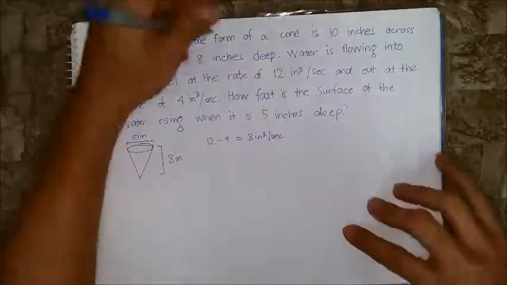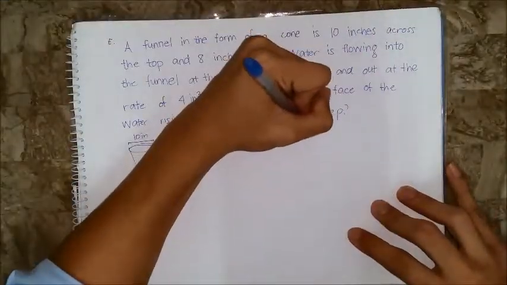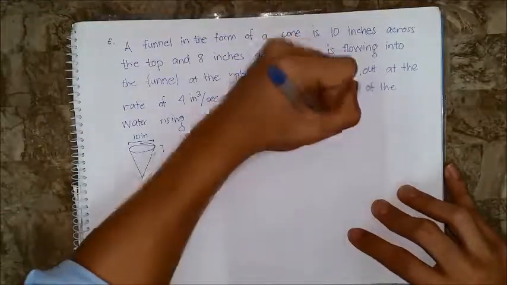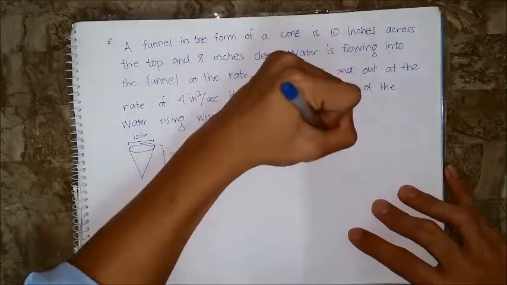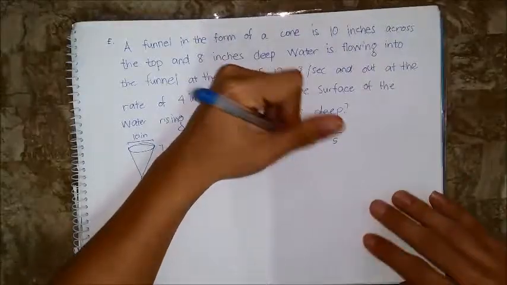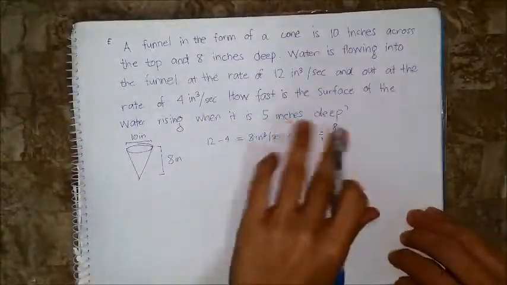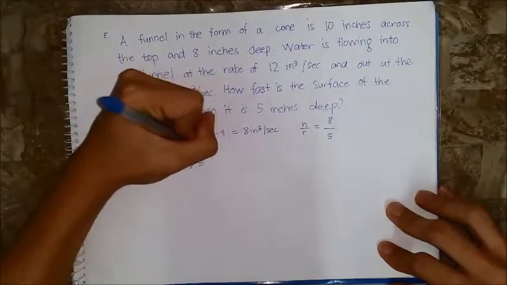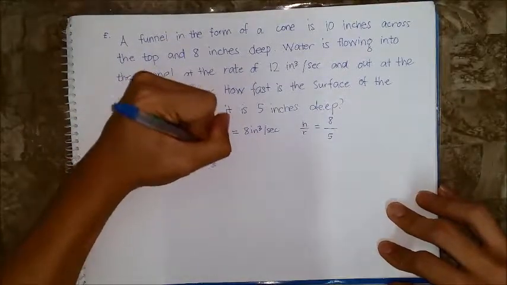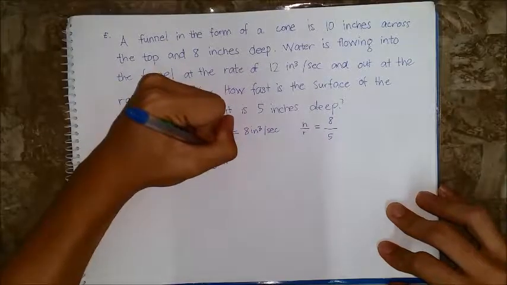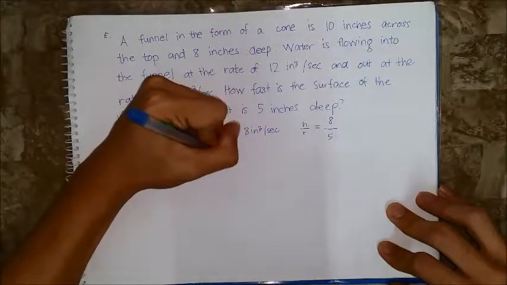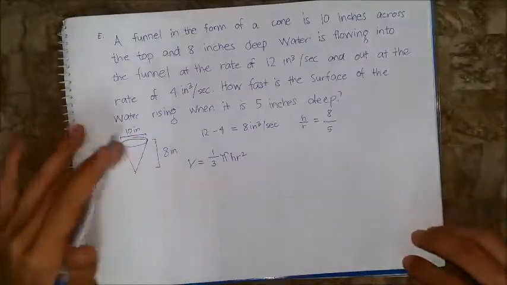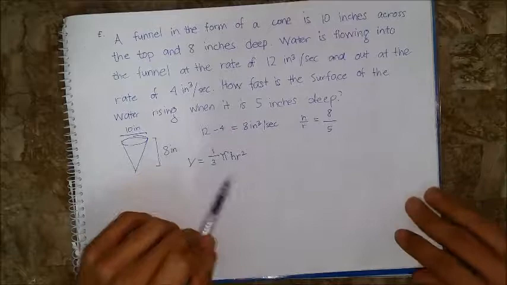If you divide the diameter by 2 to get the radius, height over radius is equal to 8 over 5. So that's a ratio. And here's our standard equation for the cone. Its volume is equal to 1/3 pi h r squared.